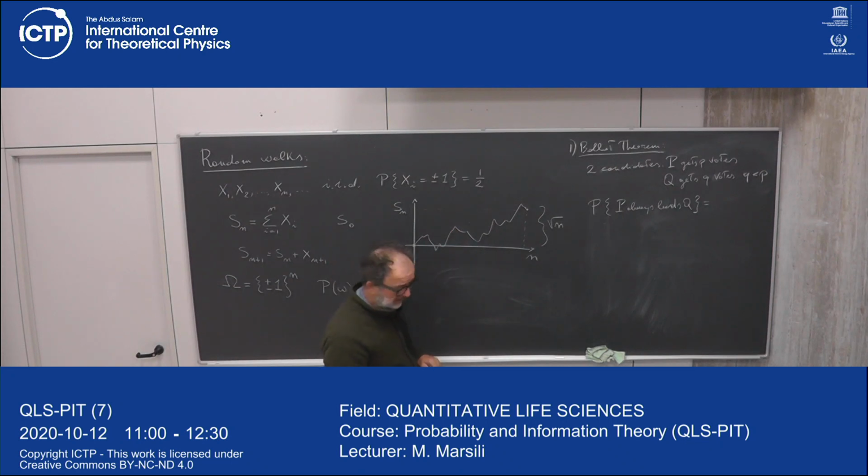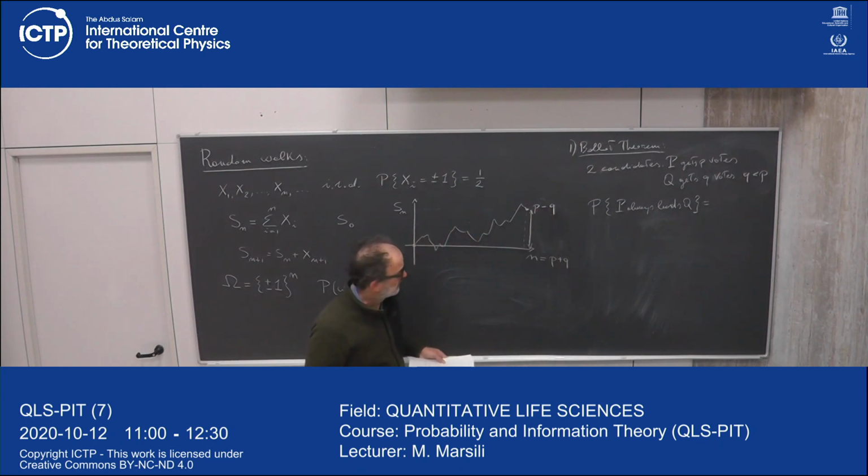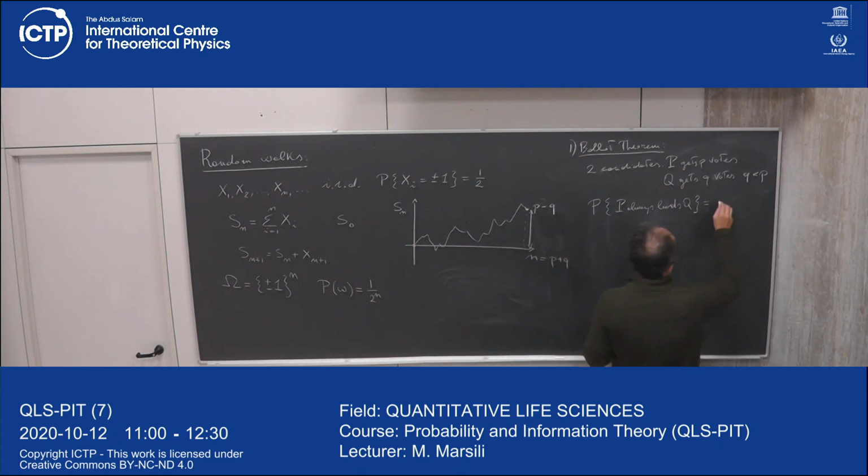Okay, so we have a random walk where n is equal to P plus Q, and this distance here is P minus Q. Okay. And the Ballot Theorem tells you that this probability has a remarkably simple form, which is P minus Q divided by P plus Q. Okay?